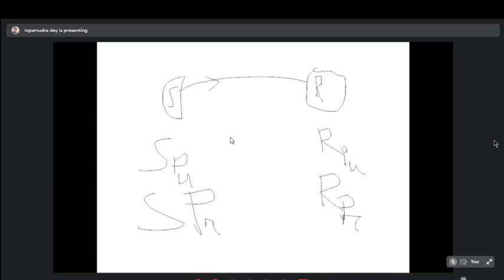What is the second point? The second point is that the public key is shareable, but the private key is not shareable. So I know the receiver's public key, but I don't know the receiver's private key. And the third point: the public key and private key are a pair.